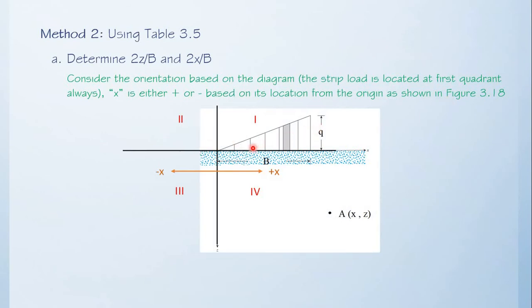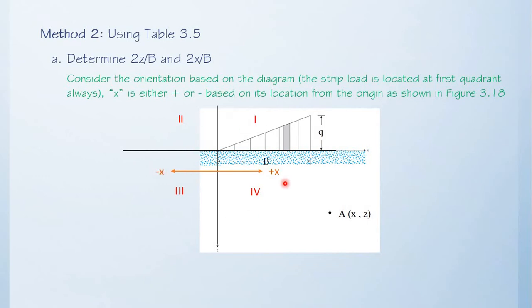So we have here your strip load, which is always located at first quadrant. This is our point of origin, and now the horizontal distance, or the x distance, if it is going towards this direction, it is positive, and if it is going towards the opposite direction, it is negative.